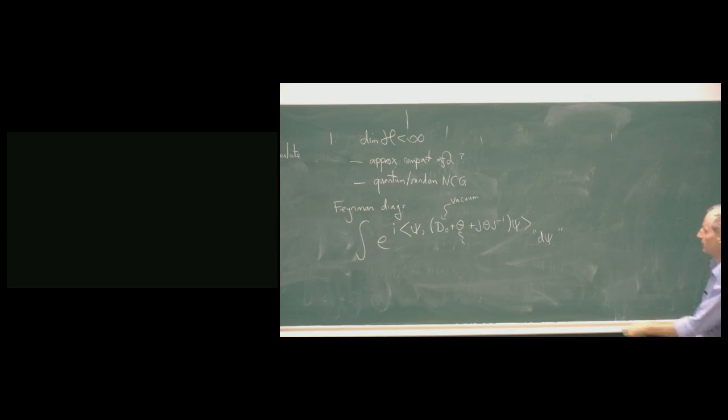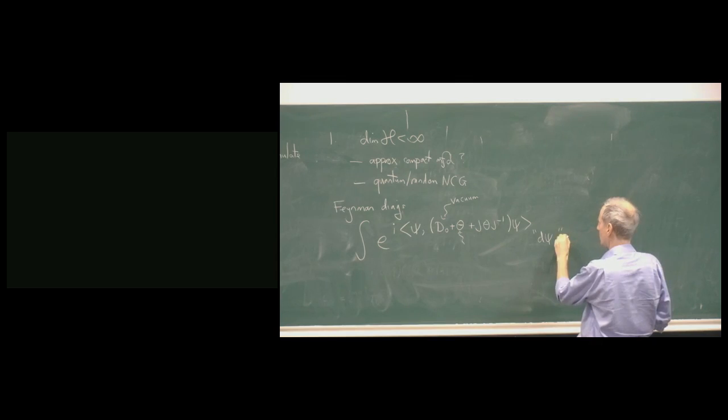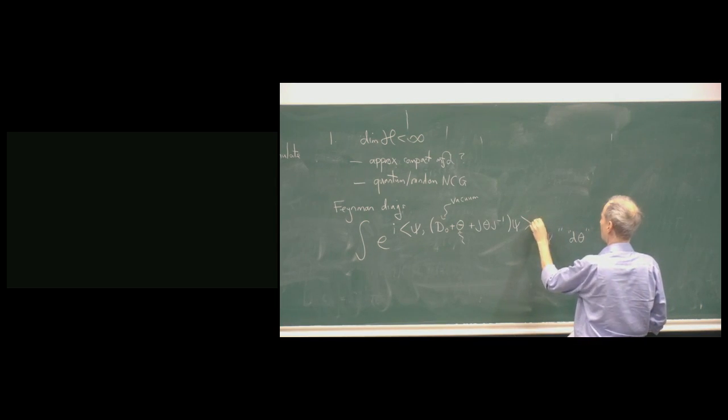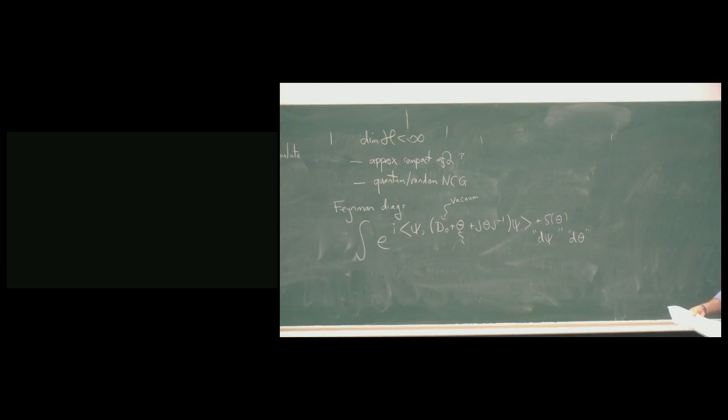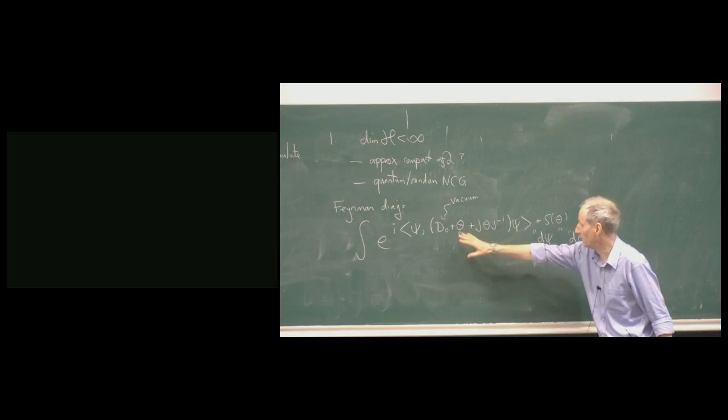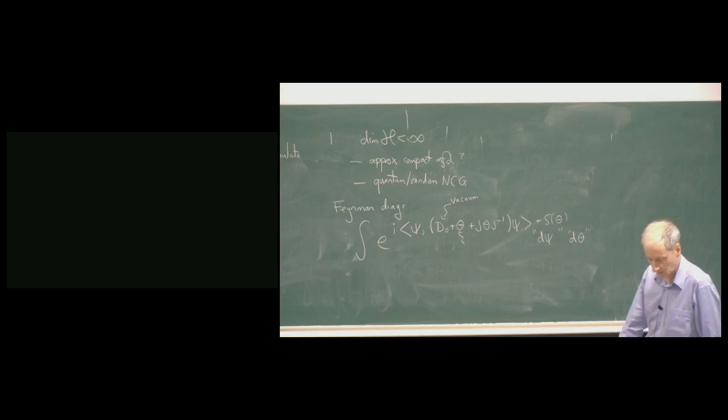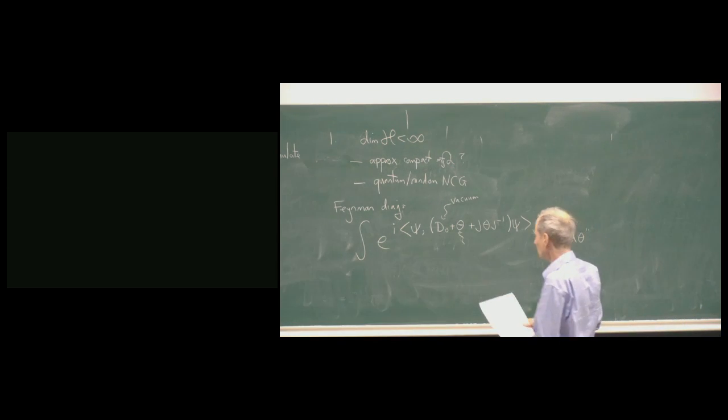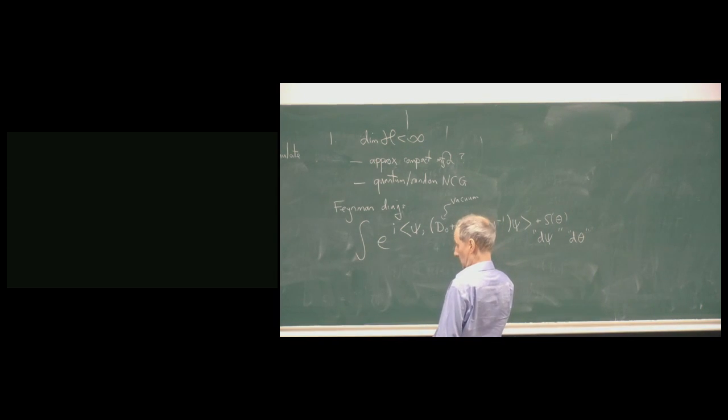So eventually you're going to integrate over fluctuations here. And I guess you'll have some action for the fluctuations. And if you think about turning this into Feynman diagrams, I'm just going to concentrate on the fermion part here.